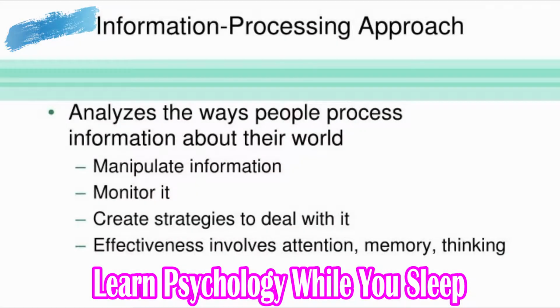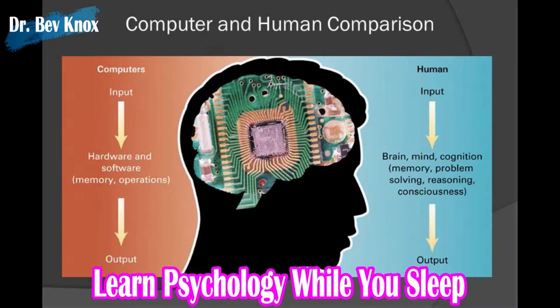The information processing approach analyzes how individuals manipulate information, monitor it, and create strategies for handling it. Attention, memory, and thinking are involved in effective information processing. The computer served as a model for how humans process information.